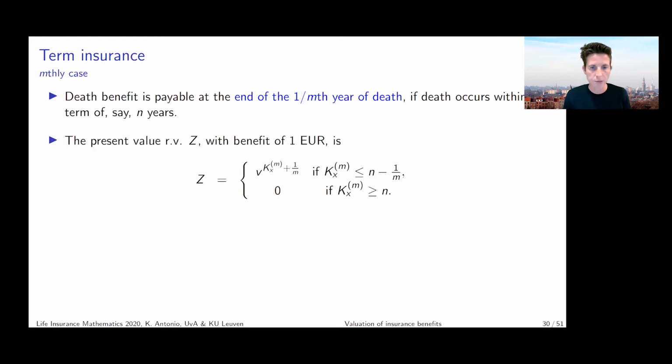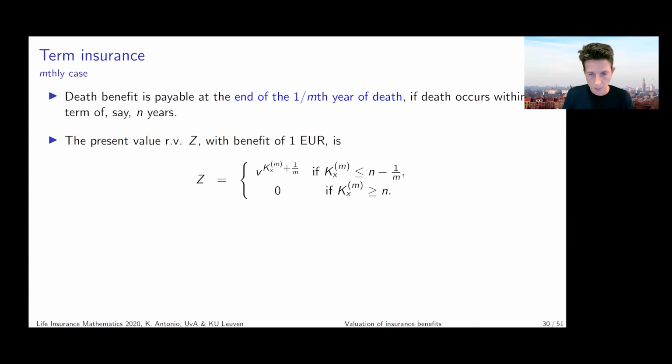So what we get here is our present value random variable, the random variable z, which can be expressed as v to the power kxm plus 1/m. And this holds true if the kxm is less than or equal to n minus 1/m, right? So this kxm is capturing how many periods of length 1/m of a year my policyholder completely survived, right?